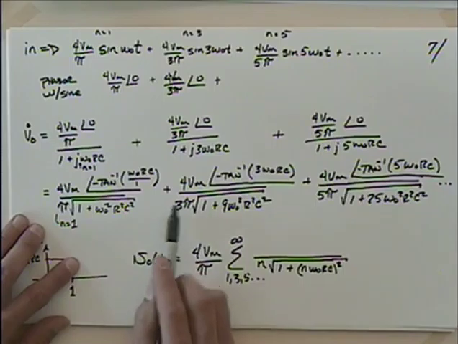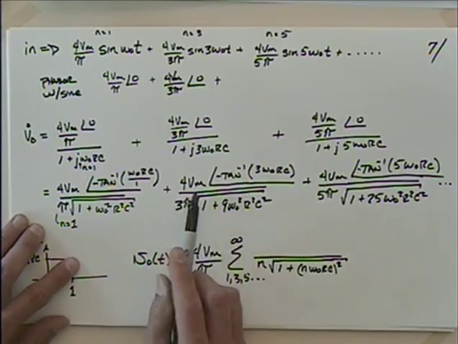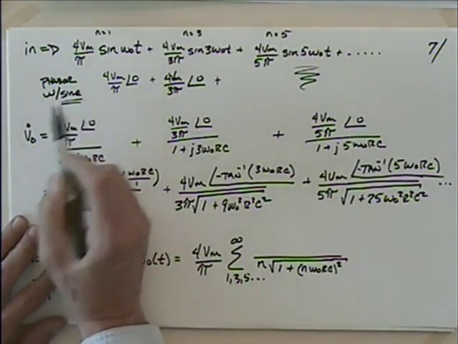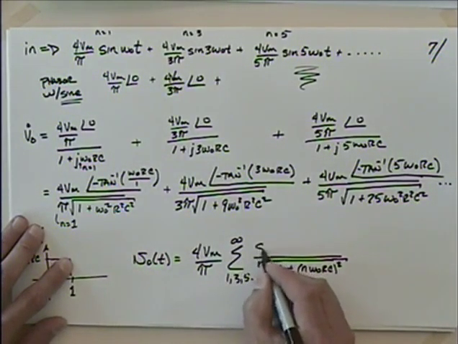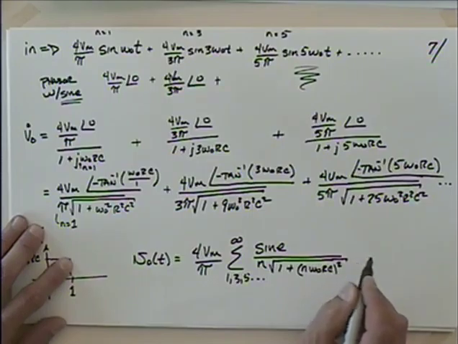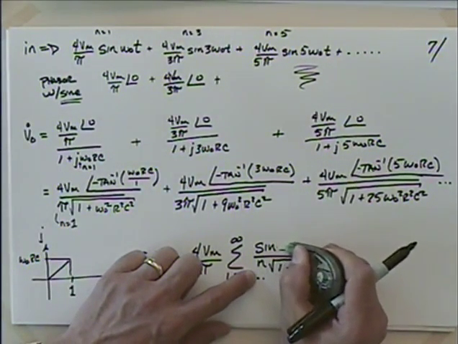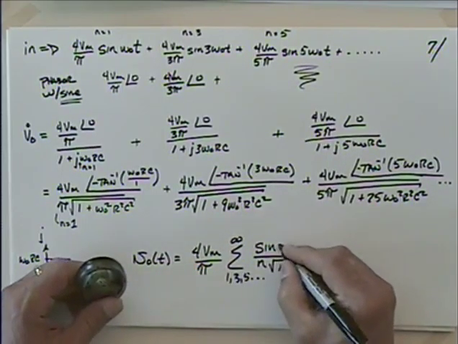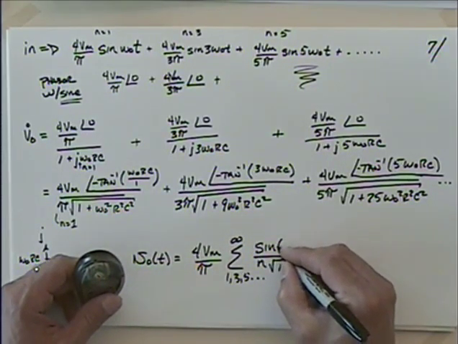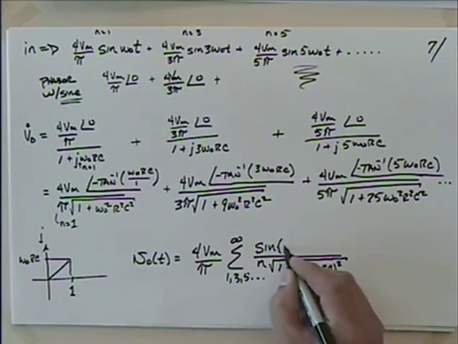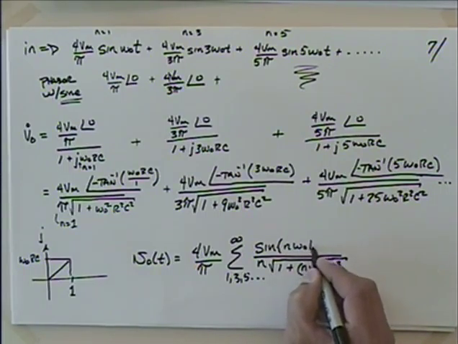Yeah, but I want to write this not in phasor form. I want to go back into a form that looks like this. So remember, I wrote this in terms of sine, so I'm going to go back in terms of a sine. I guess I probably don't need the e on sine. Okay. So I've got sine. What are we going to have? n omega naught t, is that right?